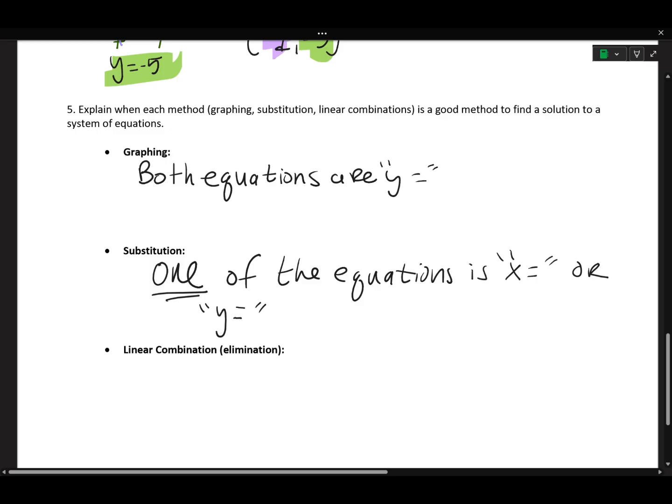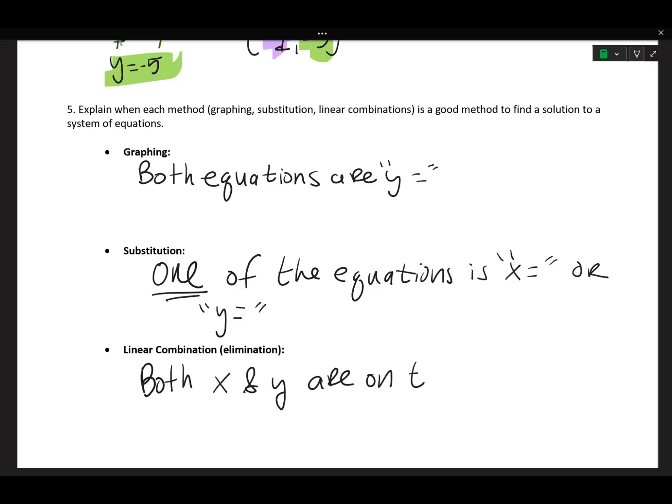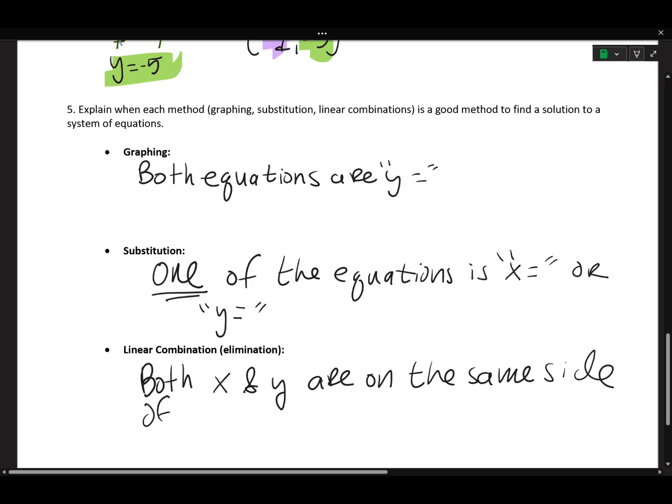Linear combination is best when both x and y are on the same side of the equation on both equations.